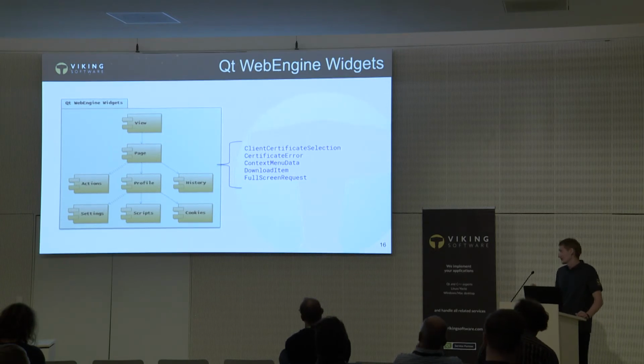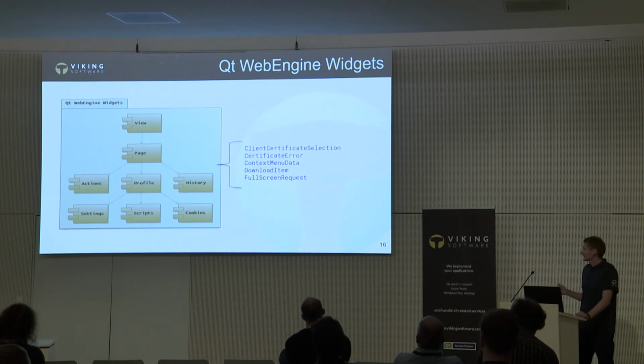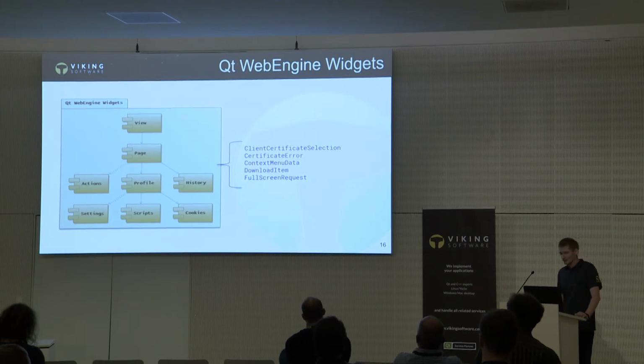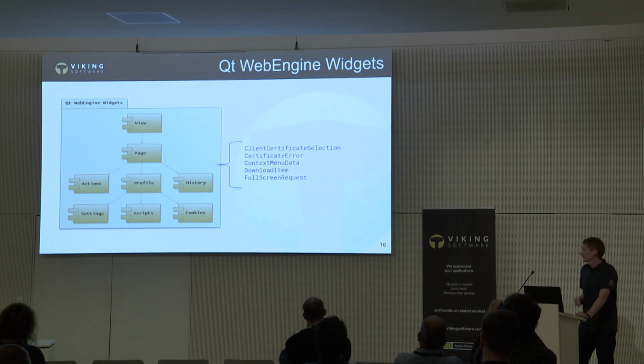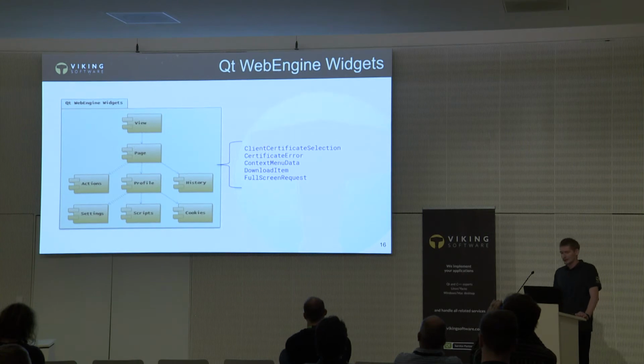The WebEngine widgets C++ submodule is almost completely present here. Each node on the diagram is a class or a couple of classes, and the things that are not present on the diagram are just helper tools to be used with the API provided by the core module.